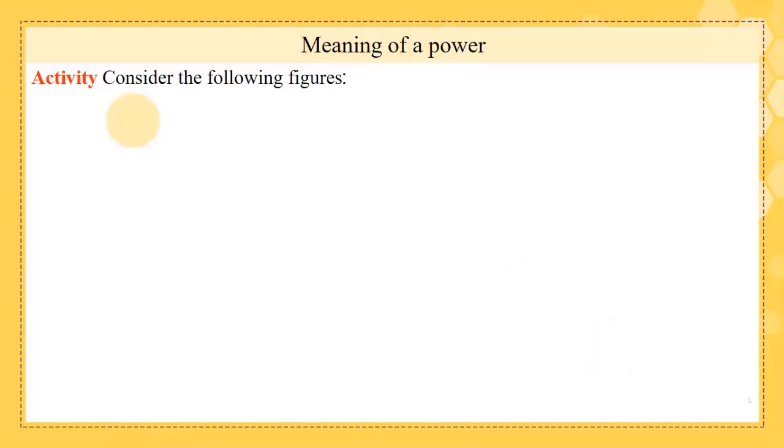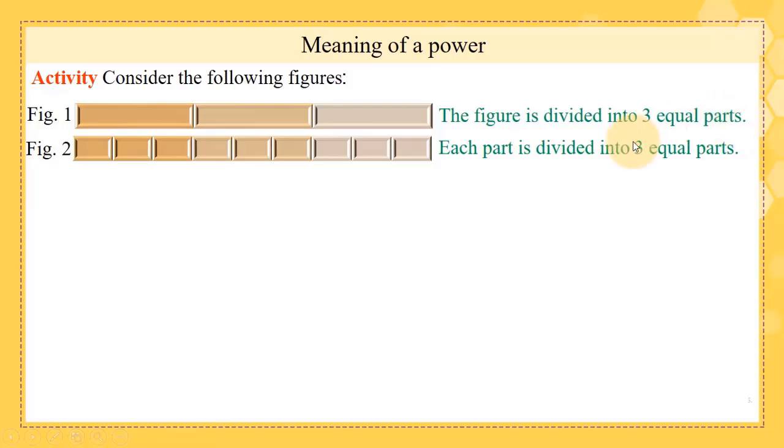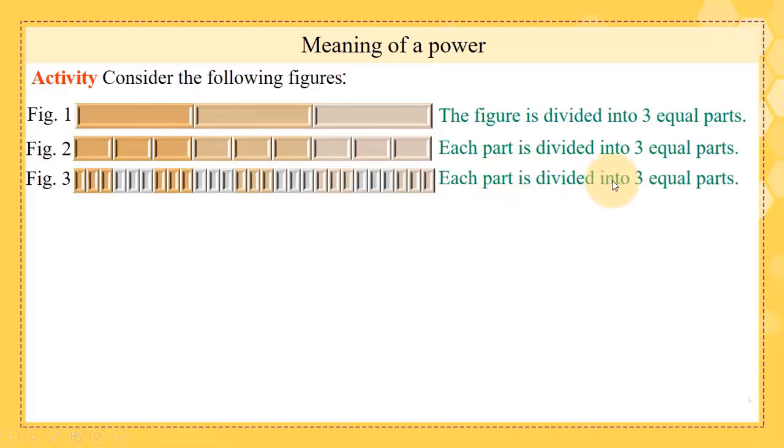Meaning of a power. Activity. Consider the following figures. Figure 1 is divided into 3 equal parts. Figure 2 where each part is divided into 3 equal parts. And figure 3 where also each part of figure 2 is divided into 3 equal parts.